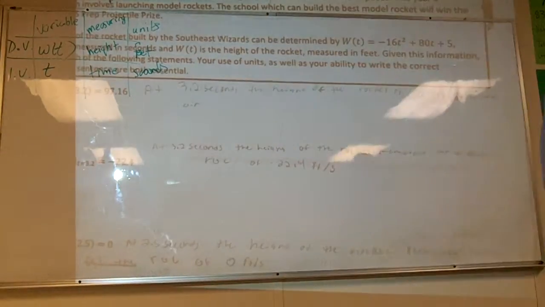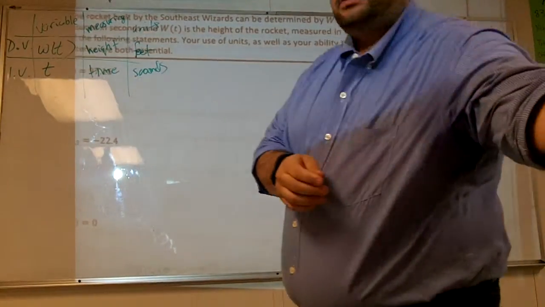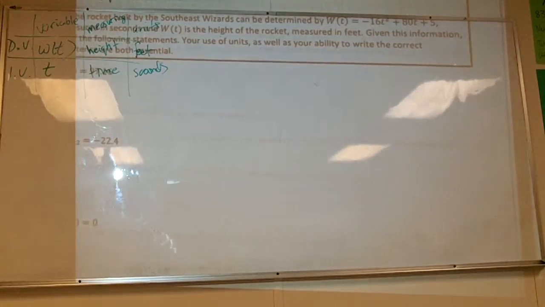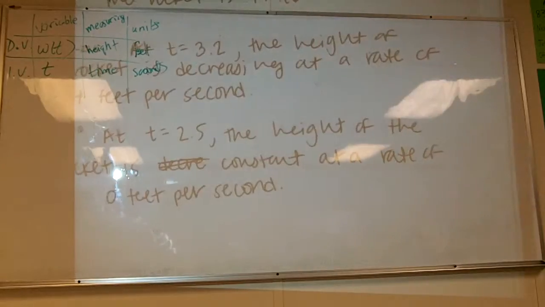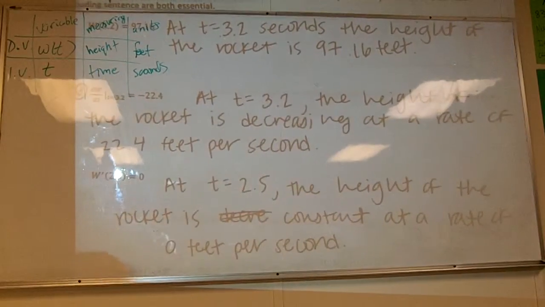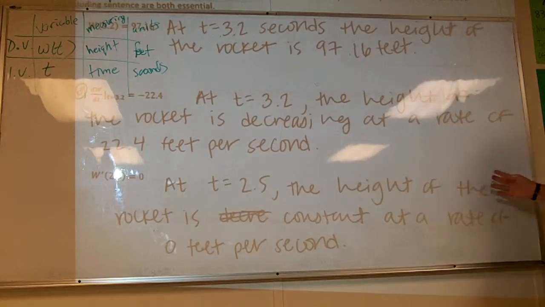I just want to know that at this time, that's the height. Excellent. Nora, did you have B? At t equals 3.2, the height of the rocket is decreasing at a rate of 22.4 feet per second. Anybody have any suggestions on making this better?